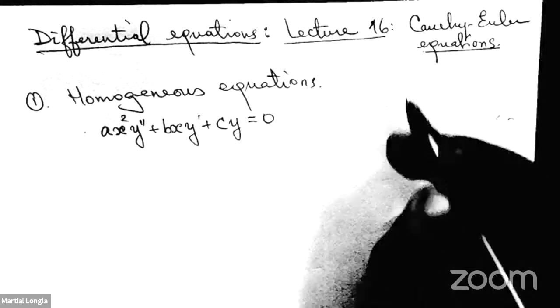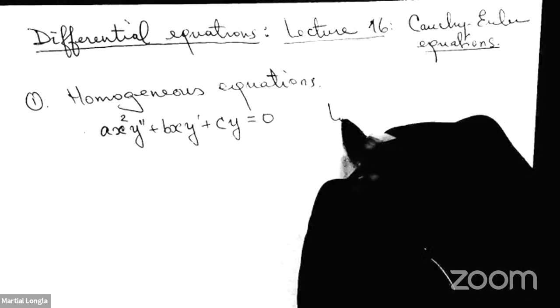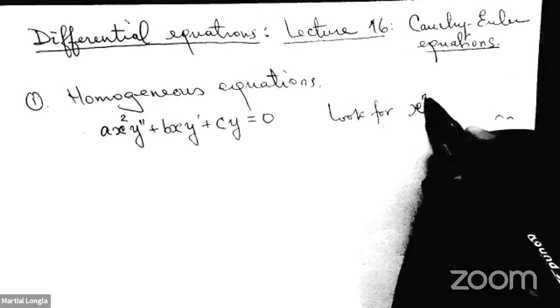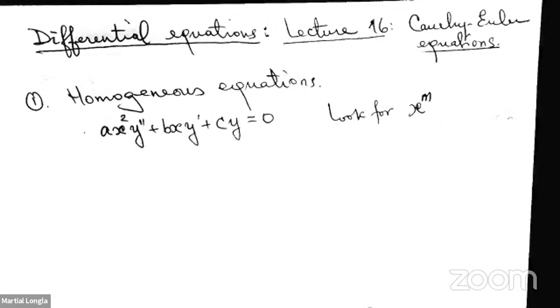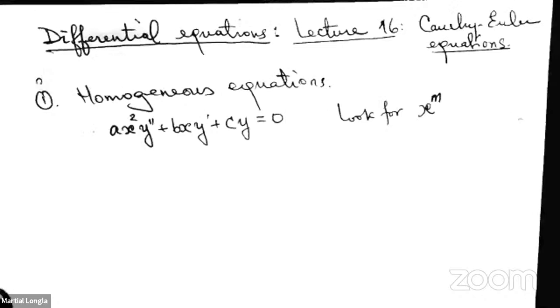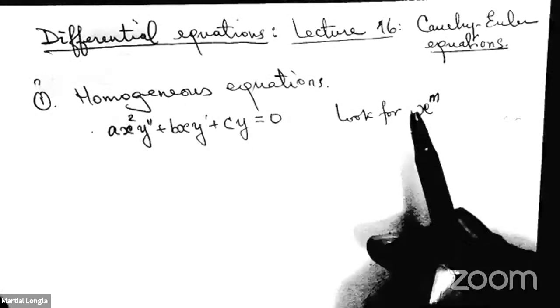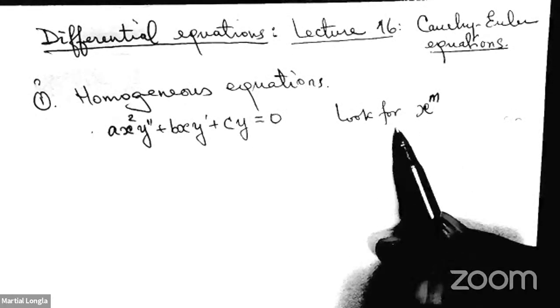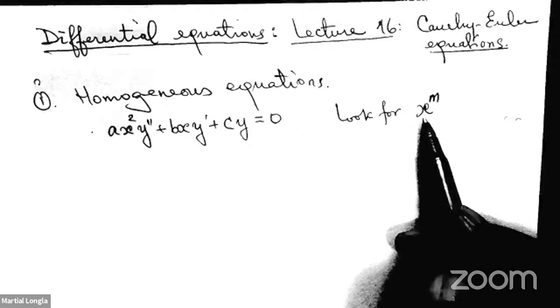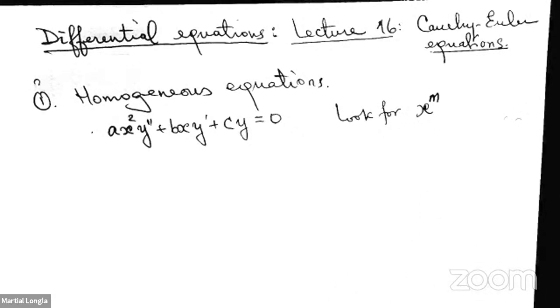The method here recommends to look for x to the power m as solution. Why? Because when you take the derivative, you get one power down, you multiply by x, you reach back to the same power.